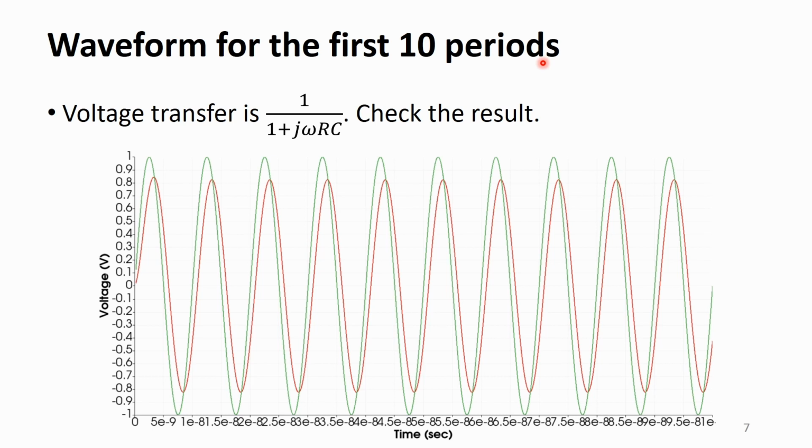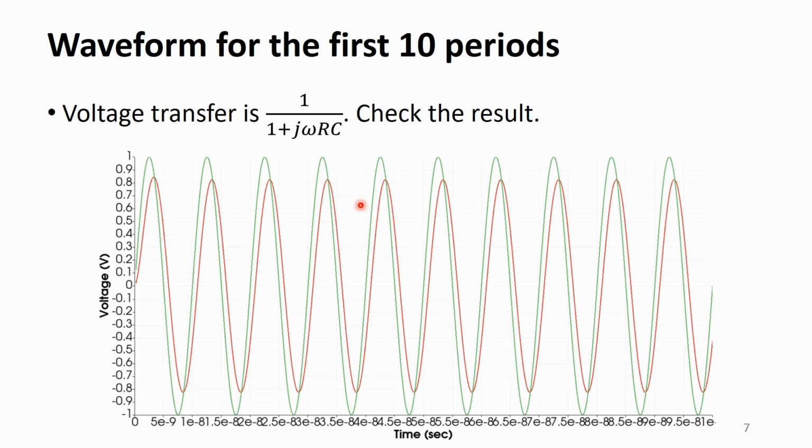As we know, the voltage transfer is given as 1 over 1 plus j omega RC. The serial RC circuit is a low-pass filter. Here, the RC time is 1 nanosecond.